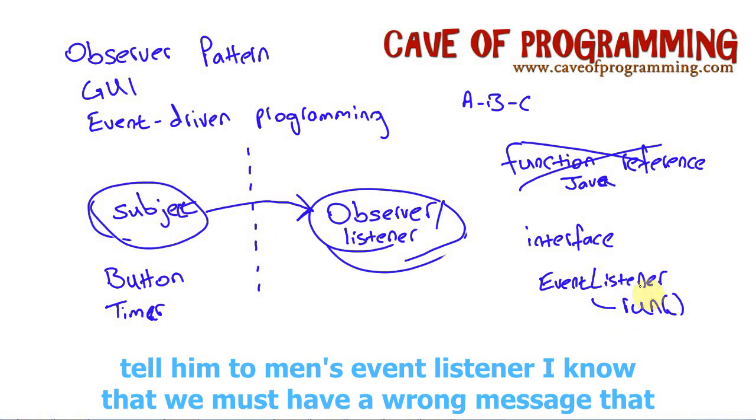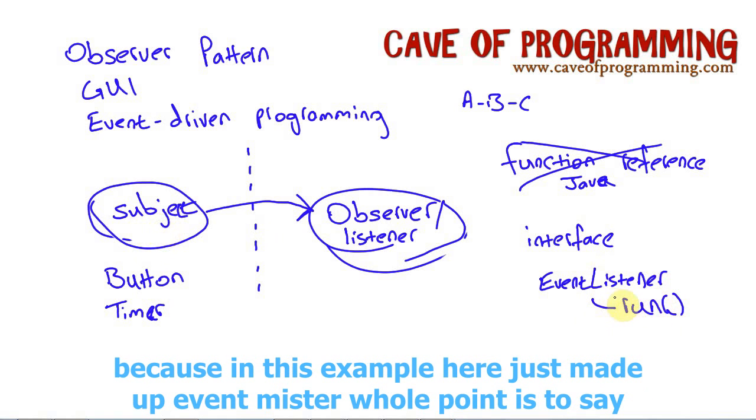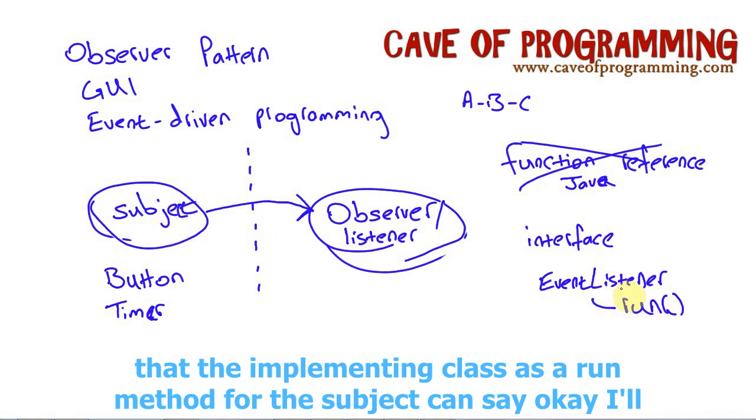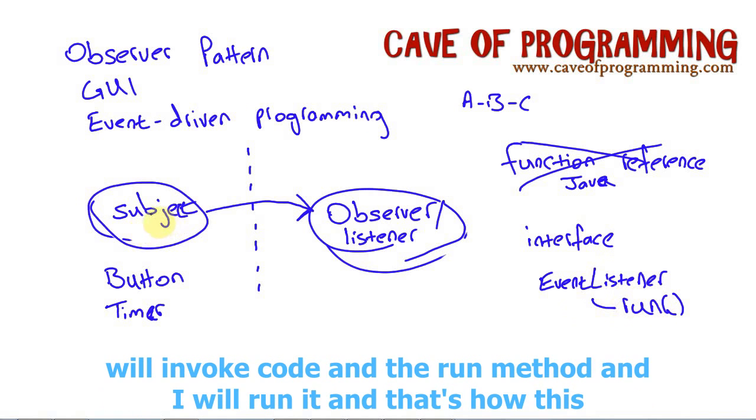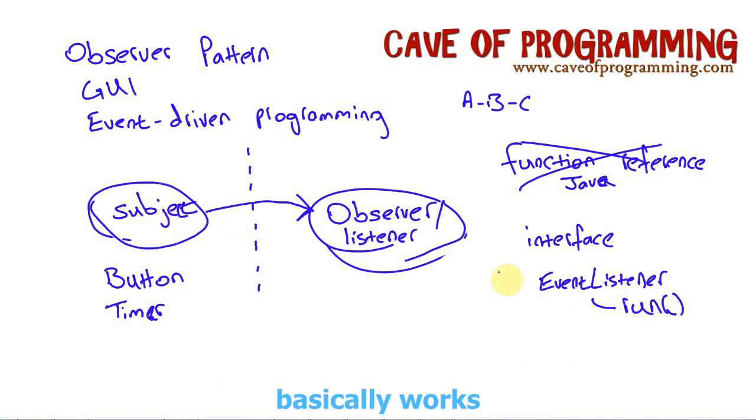I know that it must have a run method, therefore, because in this example here, which I've just made up, event listener, the whole point of it is to say that the implementing class has a run method. So the subject can then say, okay, I'll go to the run method, and when something happens, when I'm clicked or whatever, I will invoke the code in the run method and I will run it. And that's how this basically works.